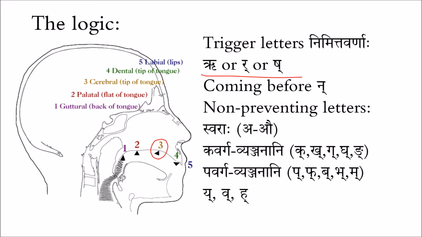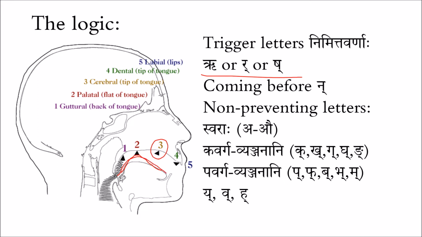The jihva, the tongue shape or position, is natural. It is not twisted or anything.